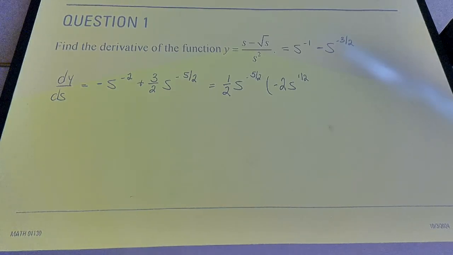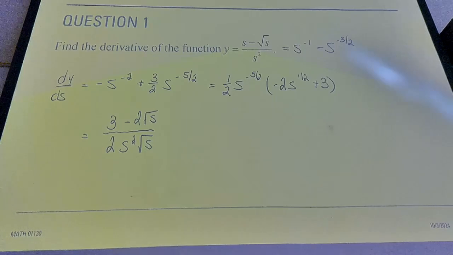Negative 2 minus negative 5 halves. Positive 1/2. Which gives you that. That's why I factored out a 1/2 as well.